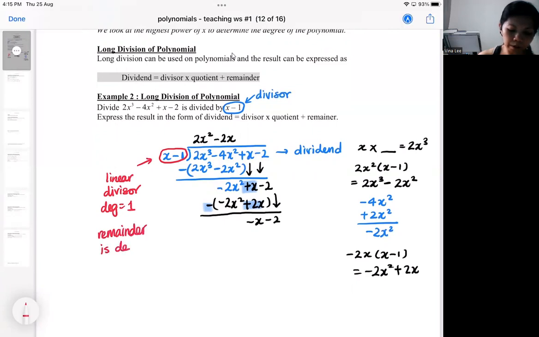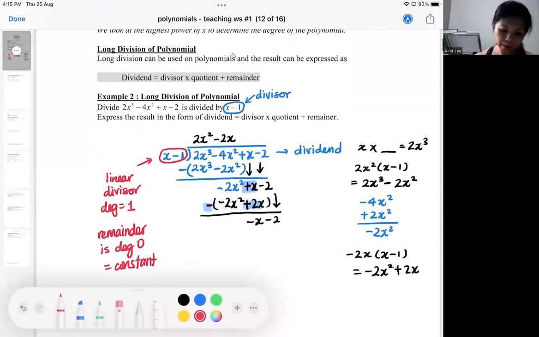Degree 0 is just a constant. So here we can stop once we get a numerical remainder. But sometimes you might not. If your divisor is a quadratic, your remainder will be a linear function, so it's 1 degree down.